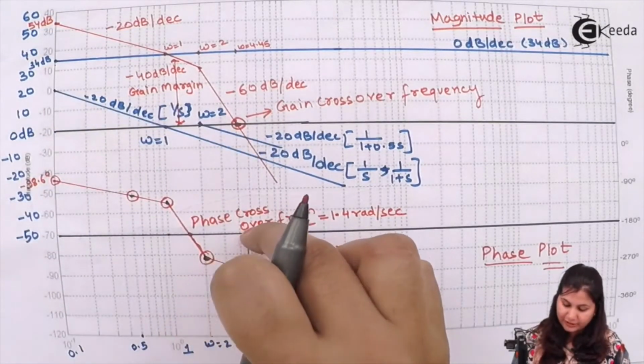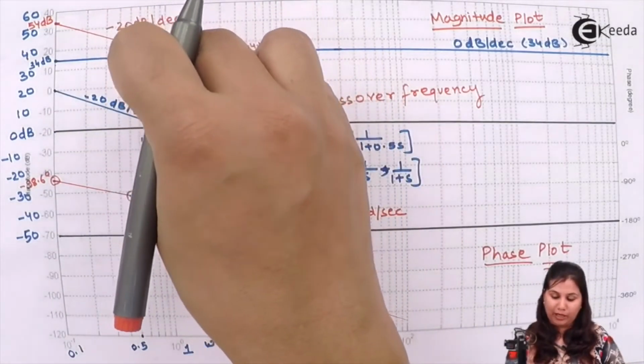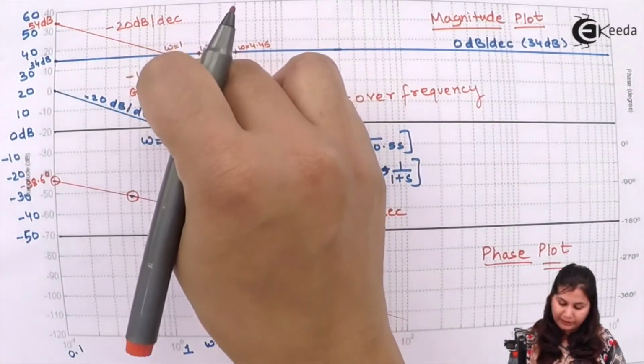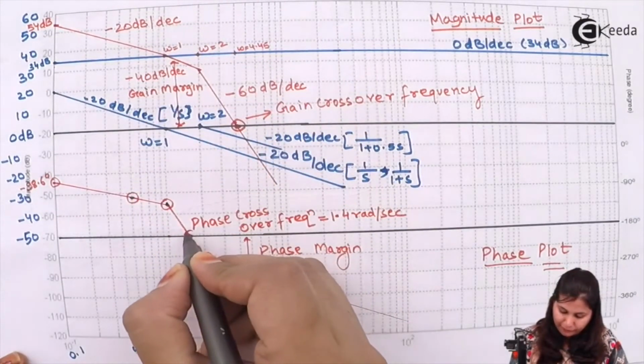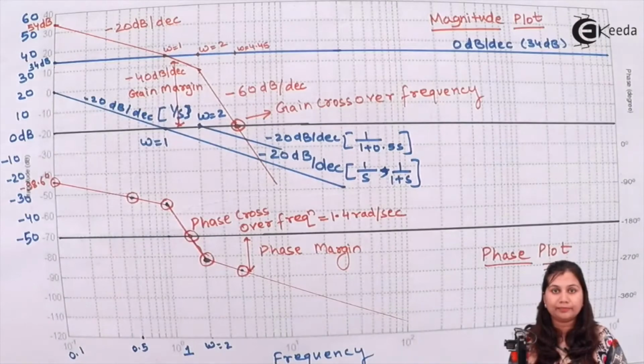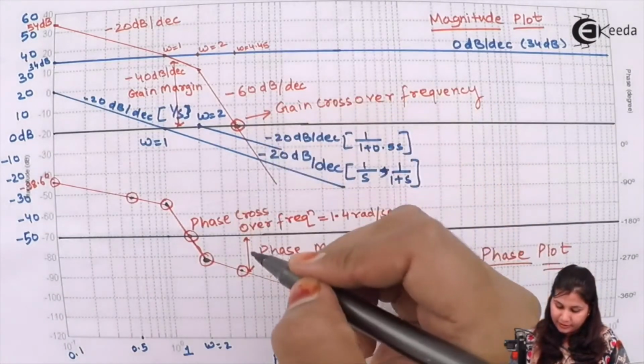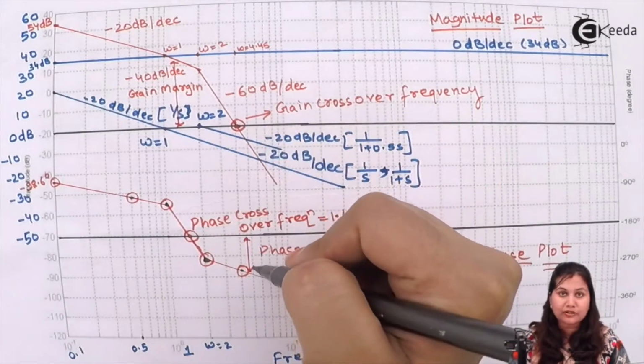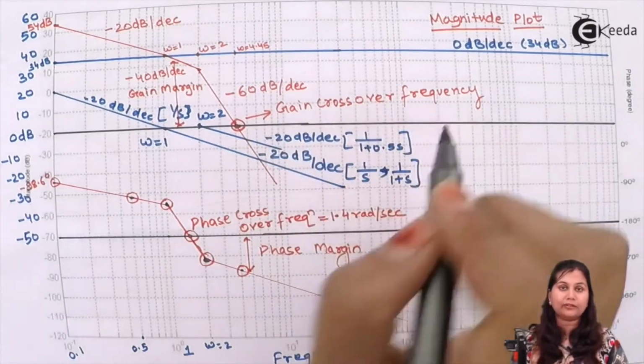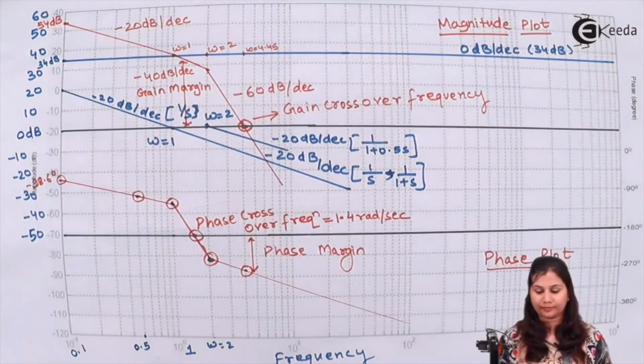So this is the phase margin and this is the gain margin. Gain margin is obtained at the phase crossover frequency, and the phase margin is obtained at the gain crossover frequency.